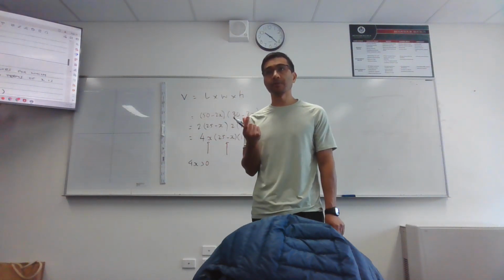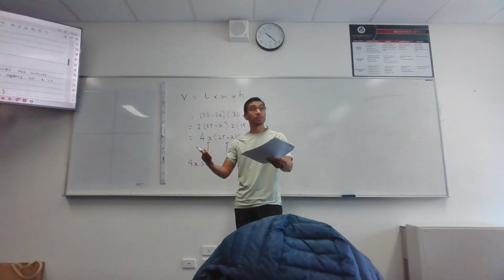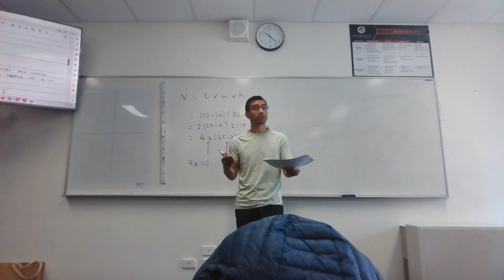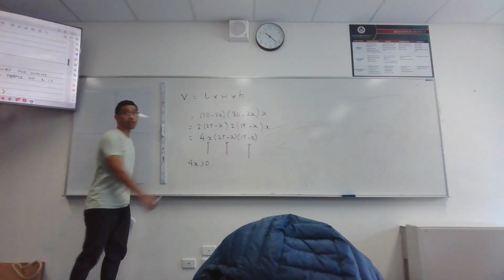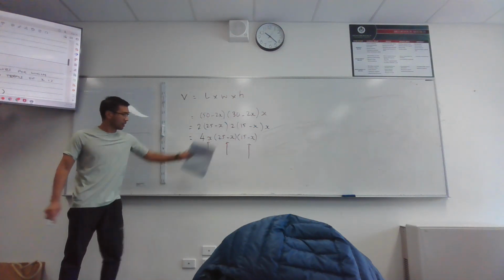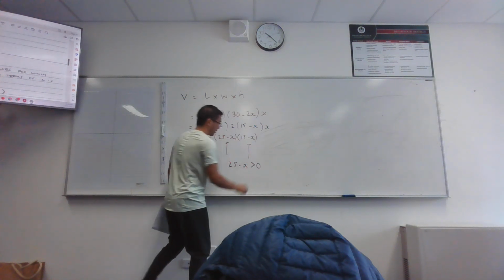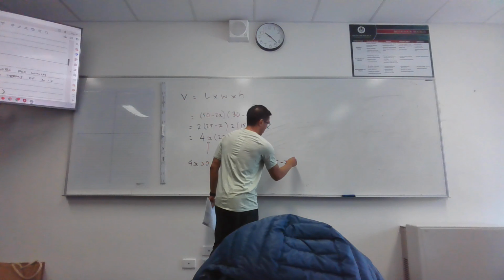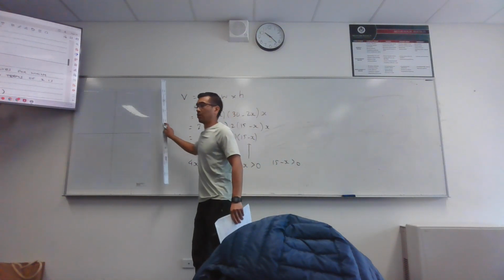If something is 0 in measurement, it doesn't exist. We also don't want negative. We're only interested in positive values. That's why we're going greater than 0 here. We're also saying 25 minus x, we want that to be greater than 0. And 15 minus x, we want that to be greater than 0.